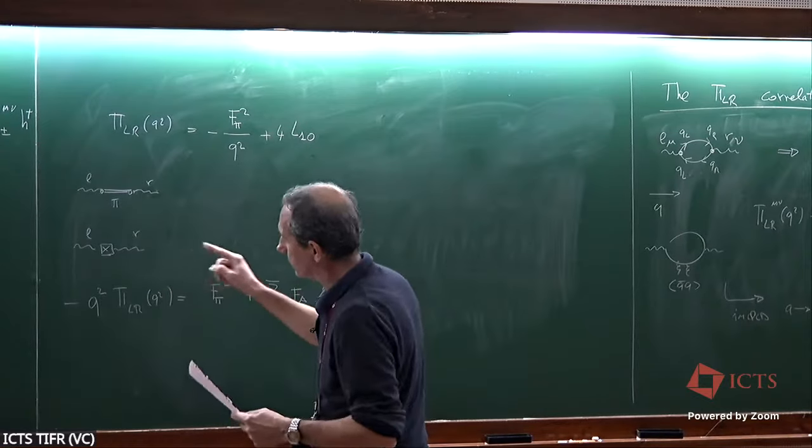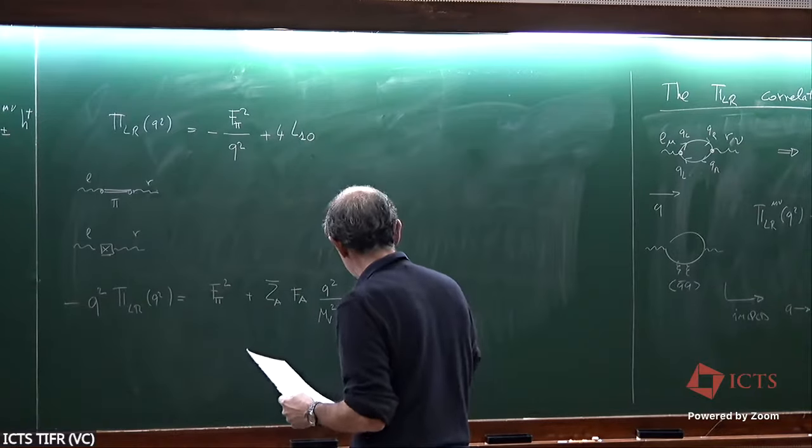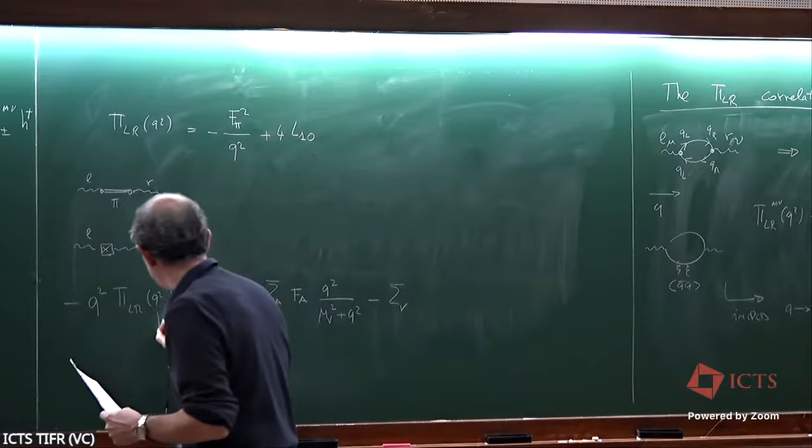Well, here I'm going in the Euclidean, okay? So this is q squared, it's negative.